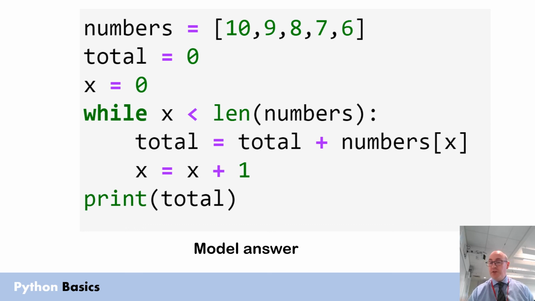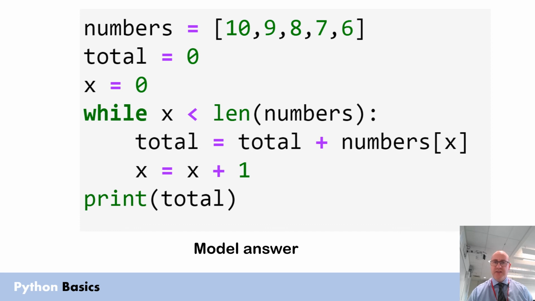The bit that might have thrown you is how do we keep a running total as we're going through the array, and that's what this line, total equals total plus numbers[x], does. So what it does is it takes the current total, okay, it adds onto it a value in the array. So x starts off as being 0, so it takes a value of 10, stores it into total. x gets added 1, so x is now 1.